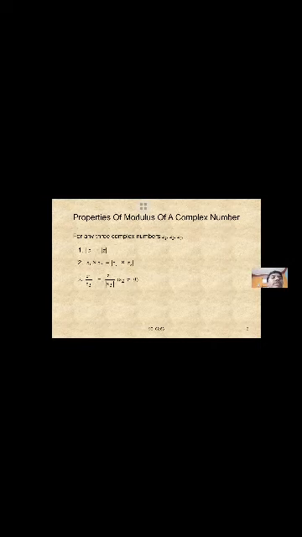Third, modulus of z1 by z2 equals modulus of z1 by modulus of z2, where z2 is not equal to 0.